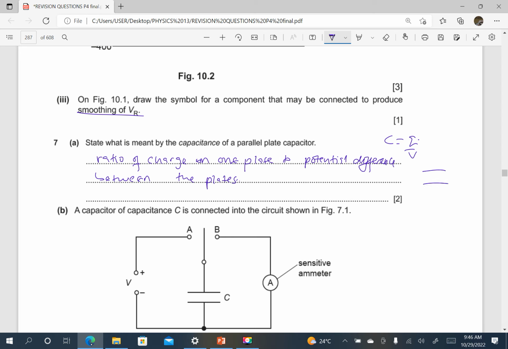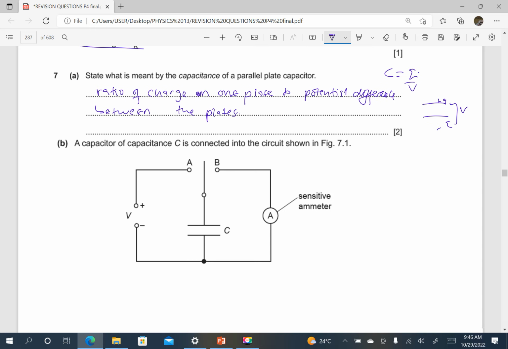Because if these are the capacitor plates, the charge on each plate, one is positive, one is negative. The capacitor is fully charged when the PD across the plates is the same as the voltage supply. So it's the ratio of the charge on one of the plates to the potential difference between the plates.